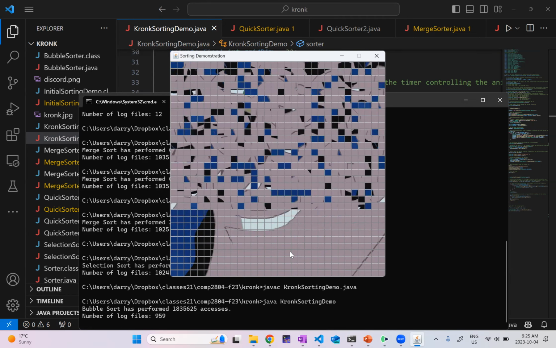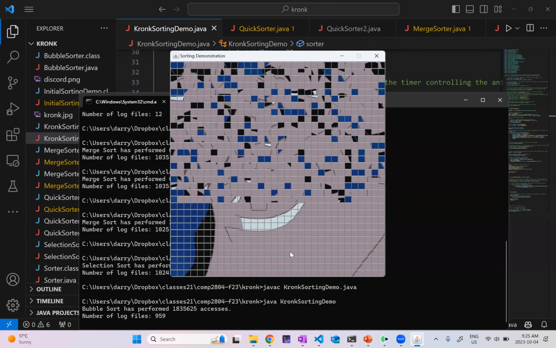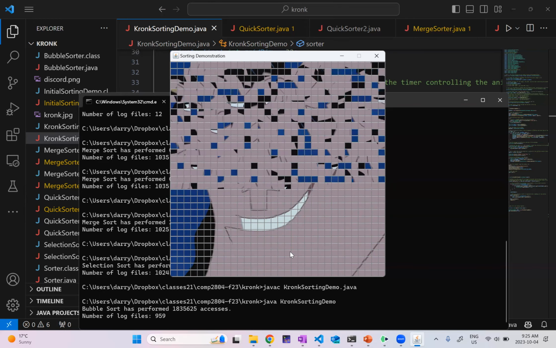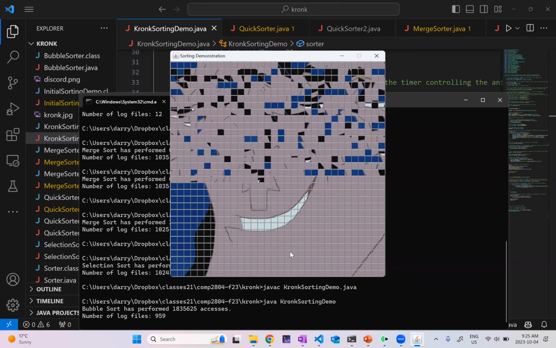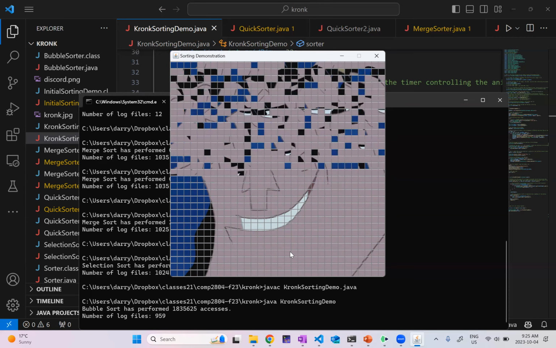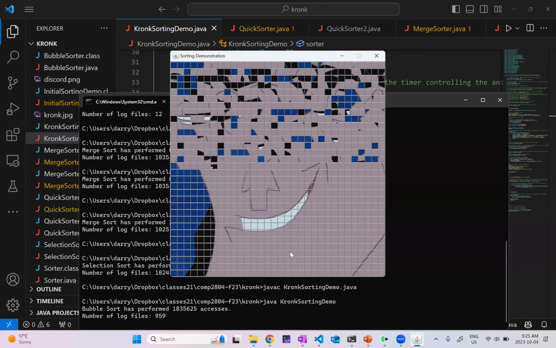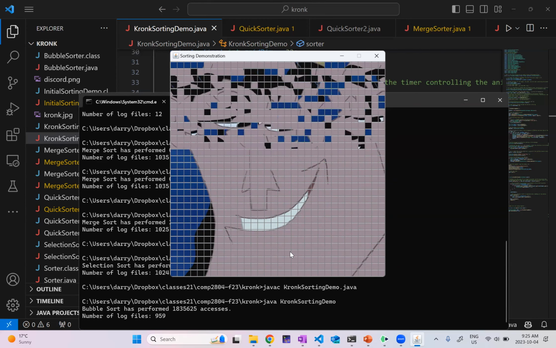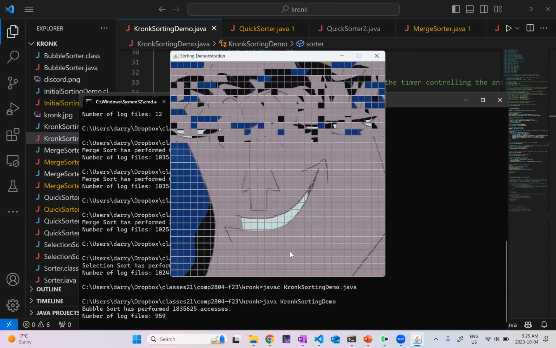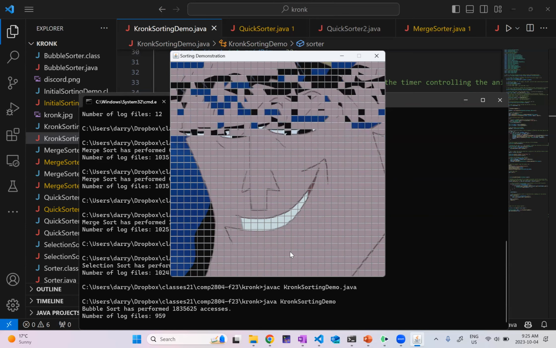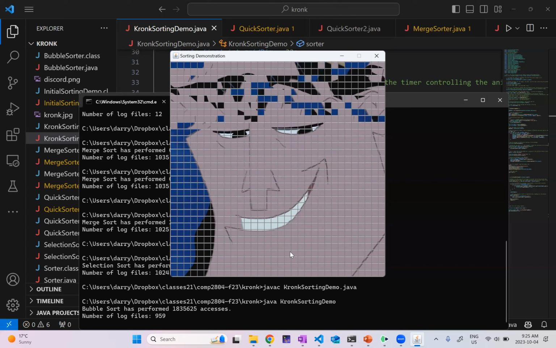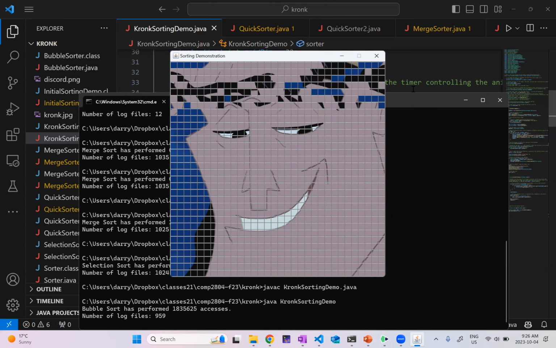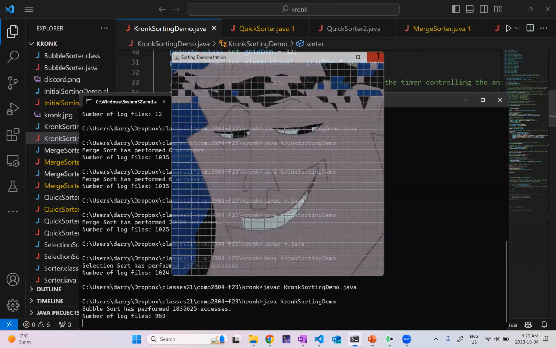There's a lot more movement in this one, though. It is super slow. Okay, I think we get the idea.